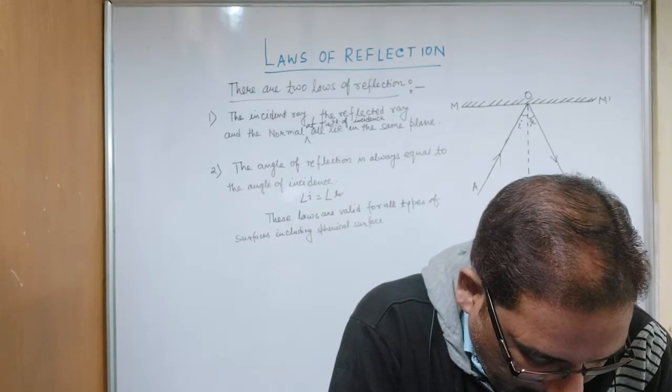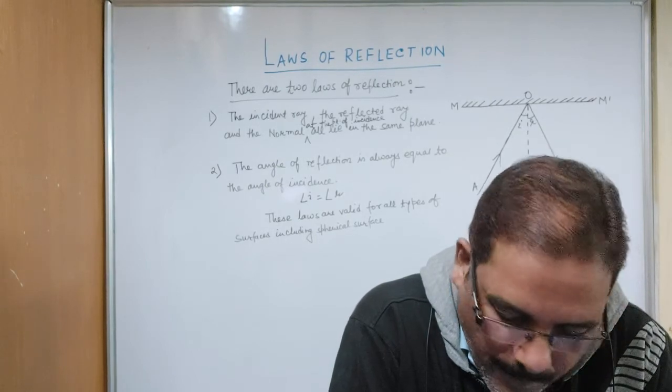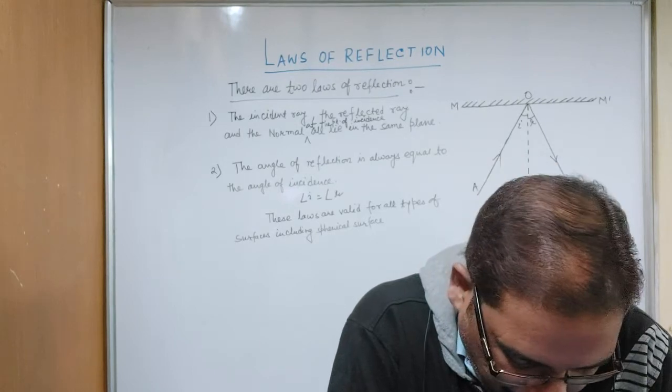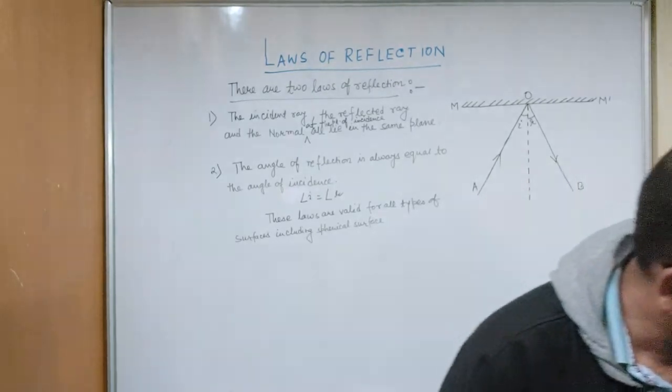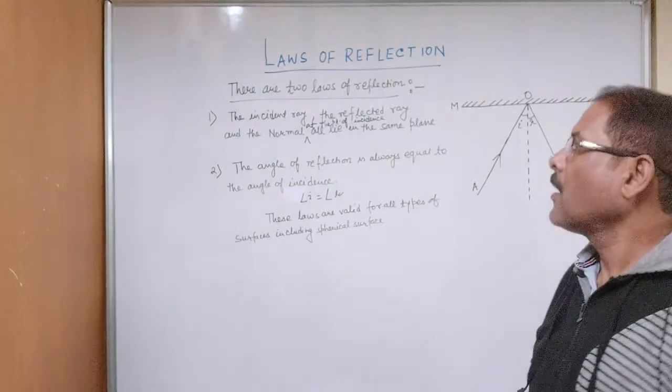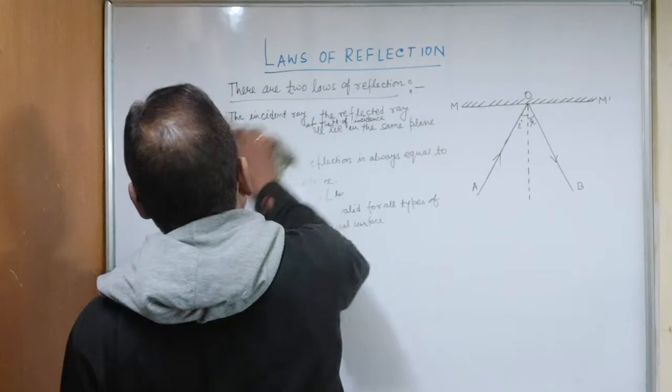Now one question is, an incident ray makes an angle of 35 degree with the surface of a plane mirror. What is the angle of reflection? So let us write this question.